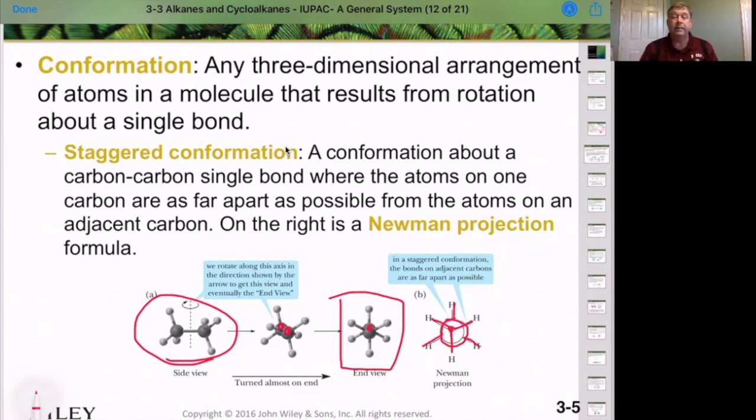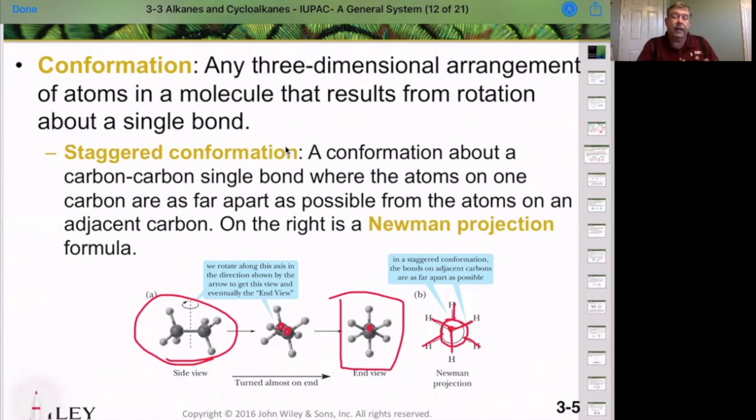Now, in the configuration where the hydrogens are separated as much as possible in our Newman projection, we call this our staggered configuration, okay? And that's because all of the hydrogens are as far apart from each other as possible, and therefore we call this our staggered conformation in our Newman projection, okay?